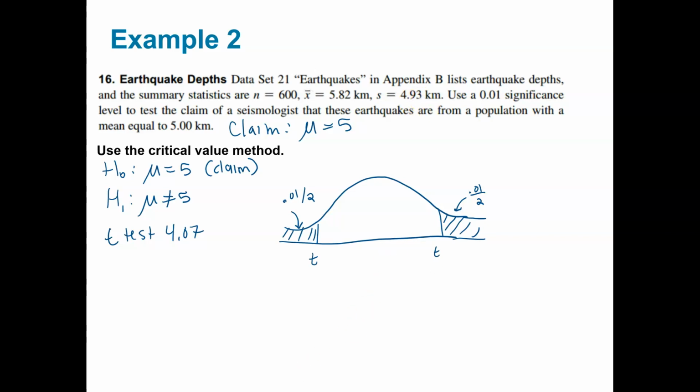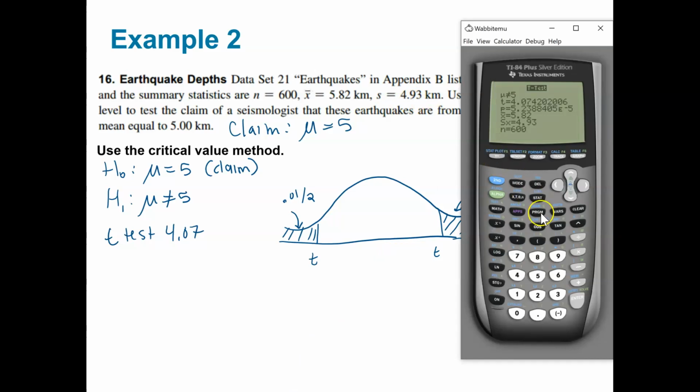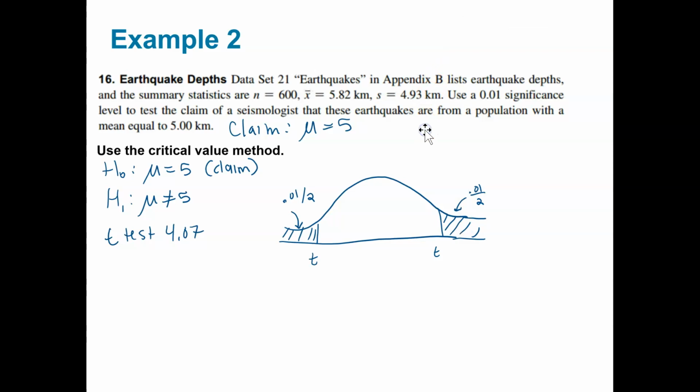So we will use our calculator to figure this out. So we will go to second VARS, and we want INVT, and we want the area 1 minus, and you can do 0.01. Let's look at this for a second. This region here is going to have 1 minus that, but let's just calculate this region here. And because there's symmetry, whatever we get will be the positive and the negative.